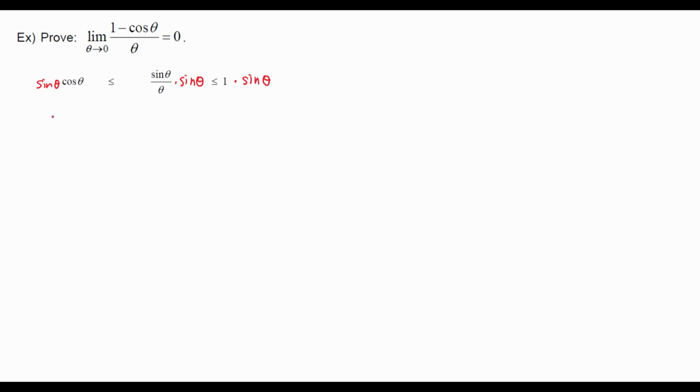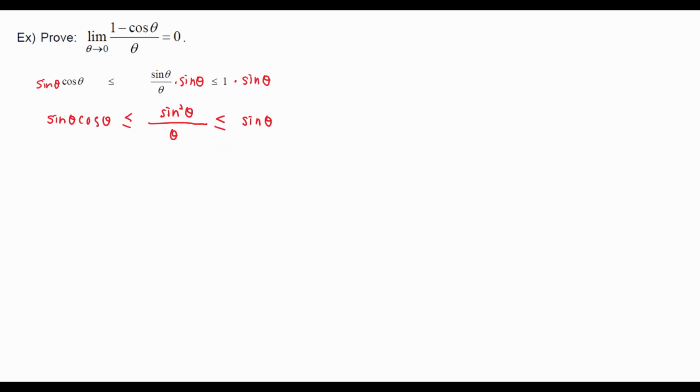So what I have now is sine theta cosine theta less than or equal to sine squared theta over theta less than or equal to 1 times sine theta, which is sine theta. Again, because theta is in the first quadrant, sine theta is positive, and therefore we will not change the inequality symbols.